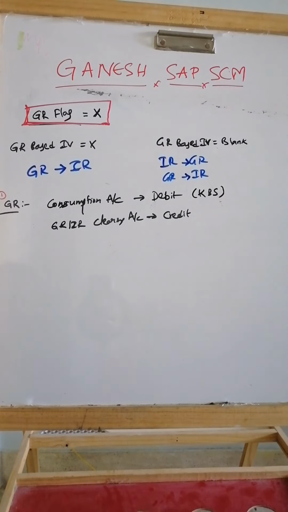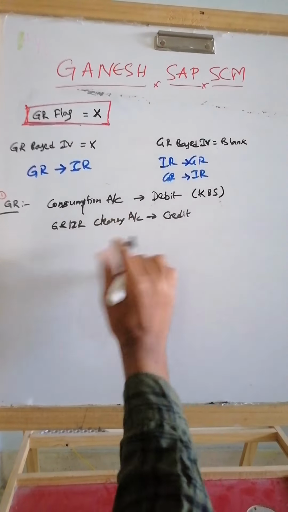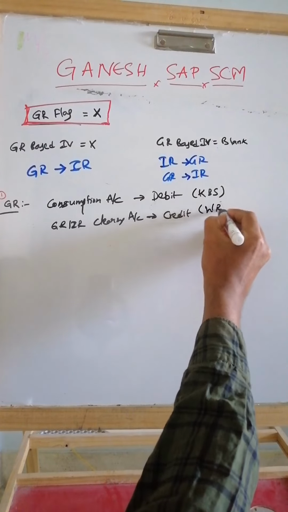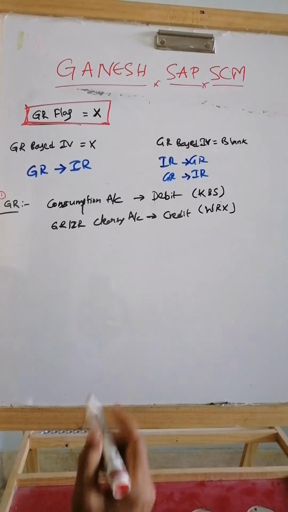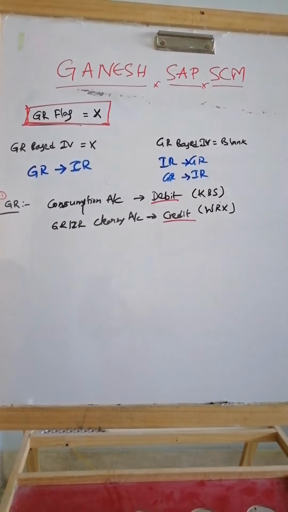Whether it is VBR you have given, then it will be GBB VBR. If you have given something else, it will take from there. But system will show you KBS here, and this one we know it is WRX. So GR IR clearing account credit. So this is debit, this is credit.